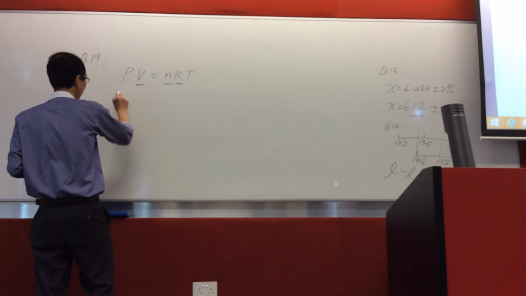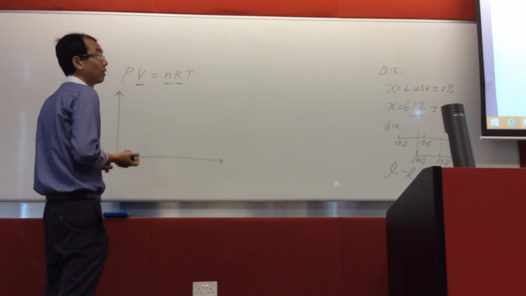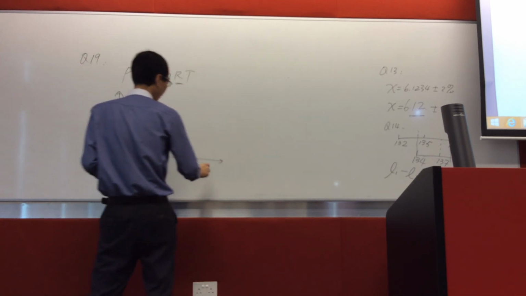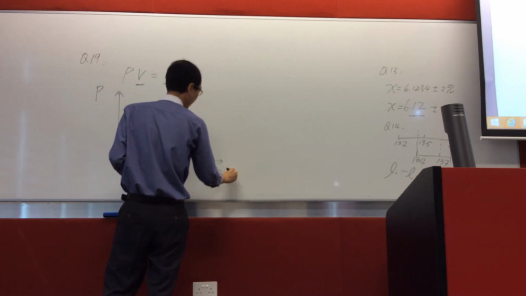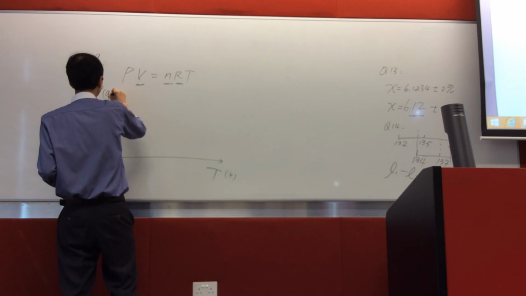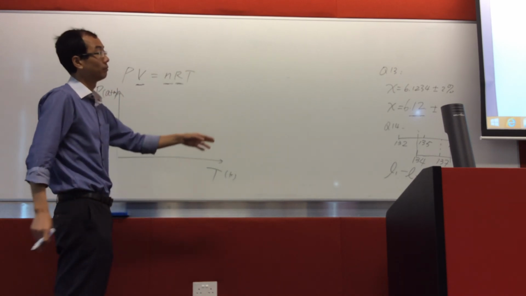So basically again, you need to get a graph paper and plot the temperature and the pressure. Temperature is in Kelvin and pressure is in atm, so you need to do a proper graph.